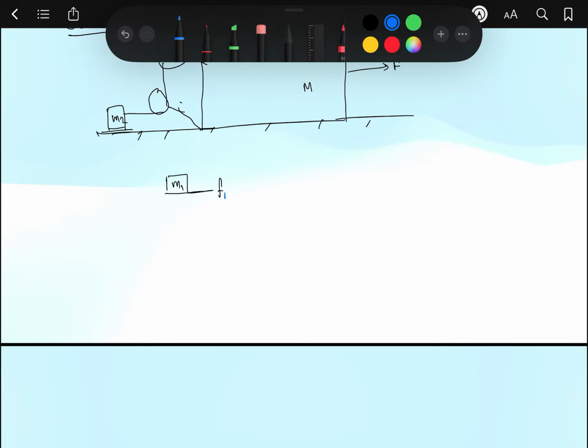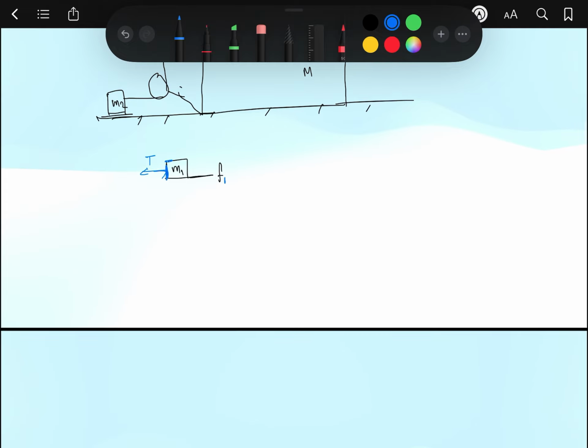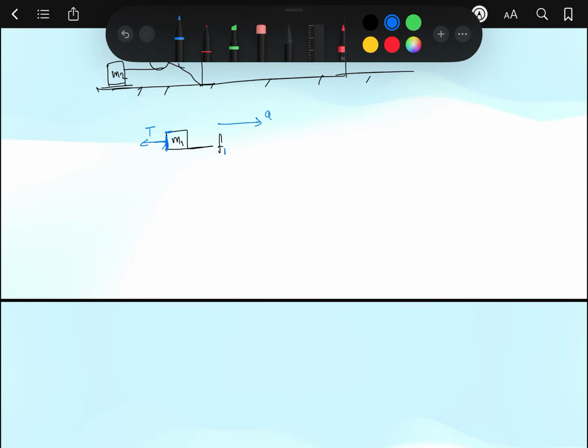Okay, and here a tension force will be acting in the backward direction and the acceleration of this body is in forward direction, that is equal to a. We have to calculate it. Okay, so if I write the equation of motion for this body, then it will be what? F1 minus T is equal to M1 into a. Okay, let me write it like this only. This is our equation number 1 here.